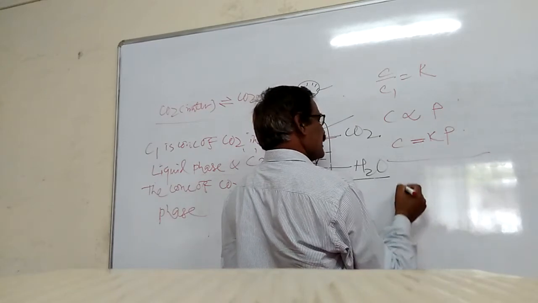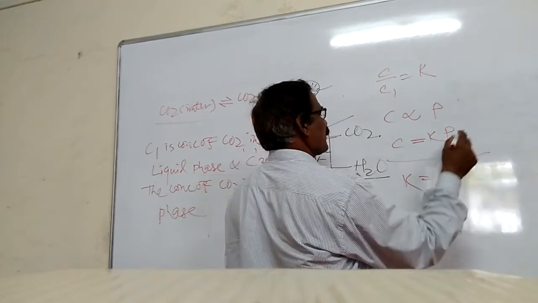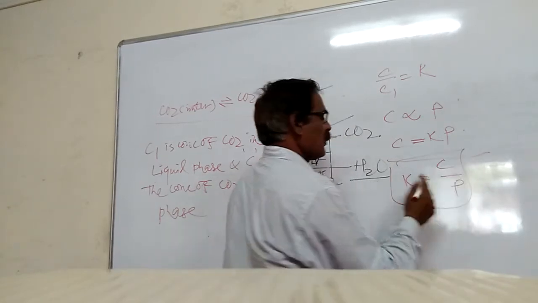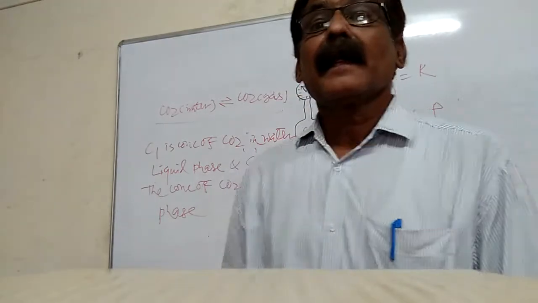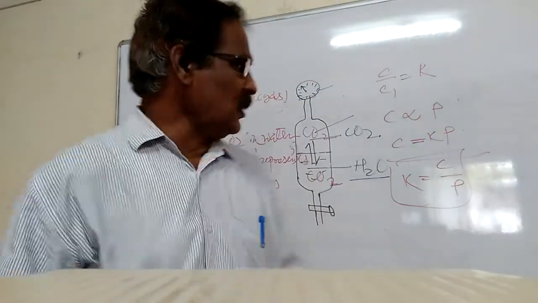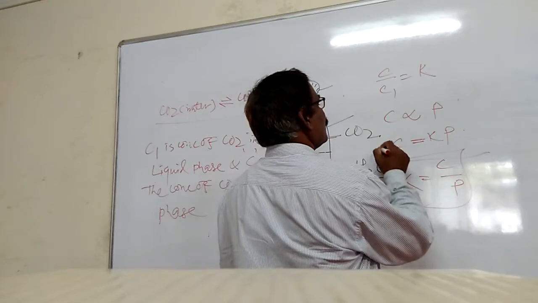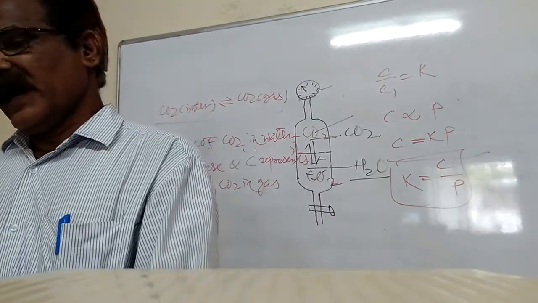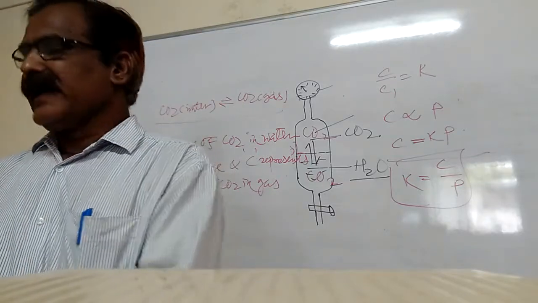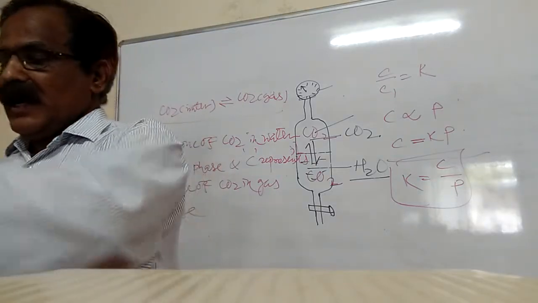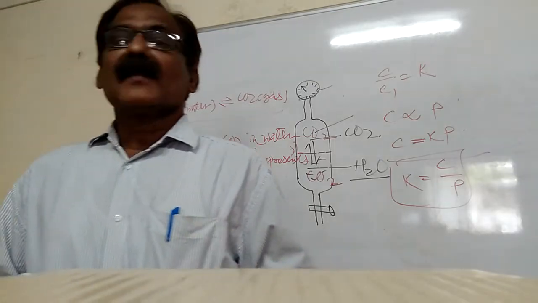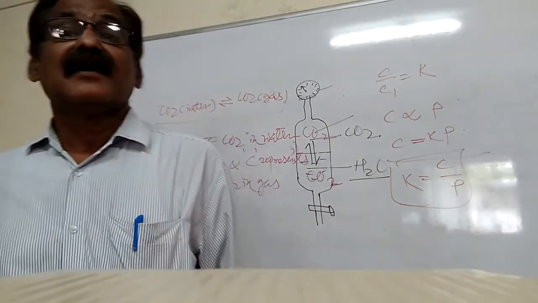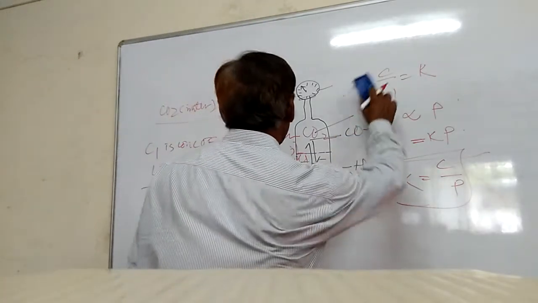Rearranging, K is equal to C upon P. The expression C is equal to K into P is known as the Henry's law equation. Henry's law equation holds good for dilute solutions, like the distribution law.